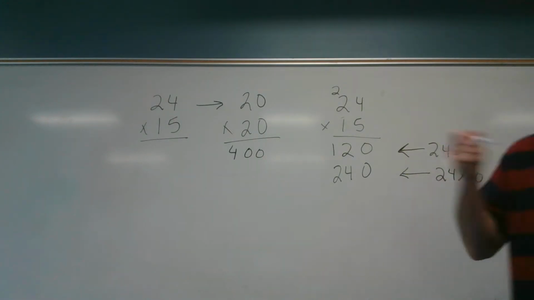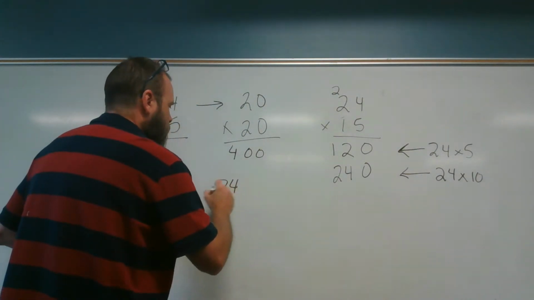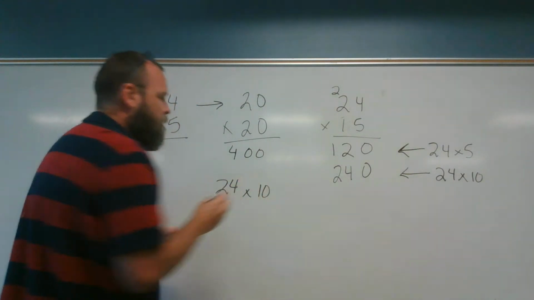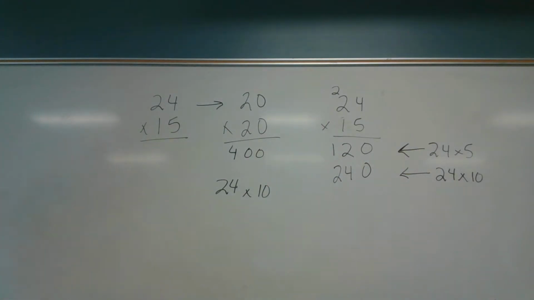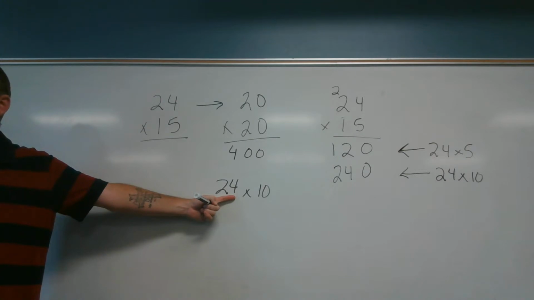When you're multiplying with decimals, let me show you something real quick. 24 times 10. Where's my decimal point in the number 24, Victoria? In the number 24, there is no 0. What number's in the ones place, Victoria, in 24? The 4.